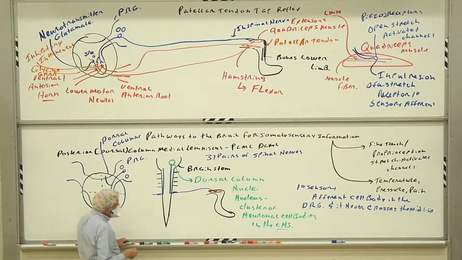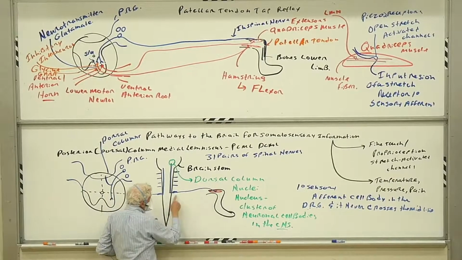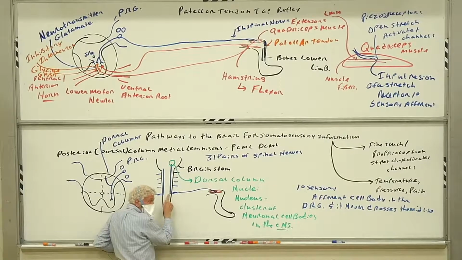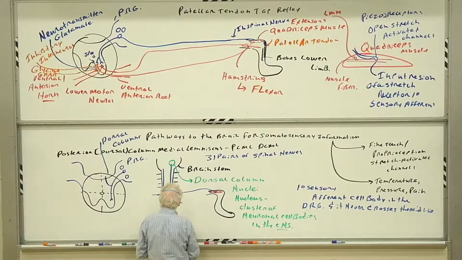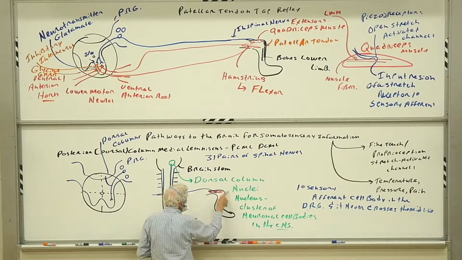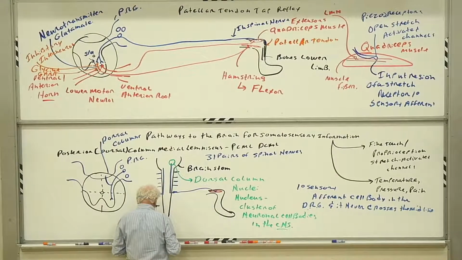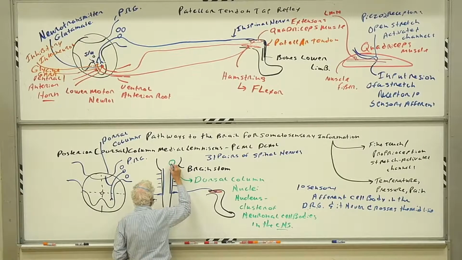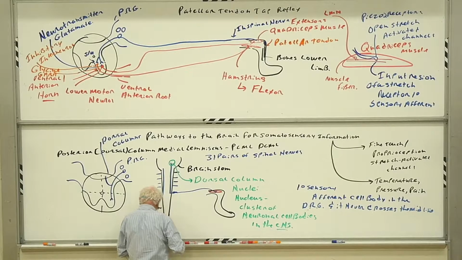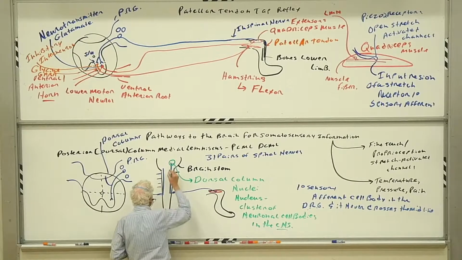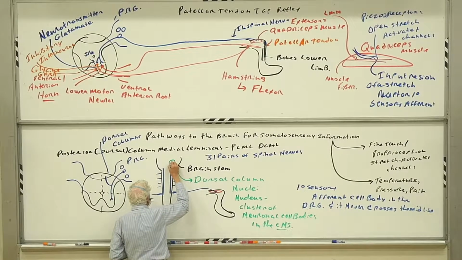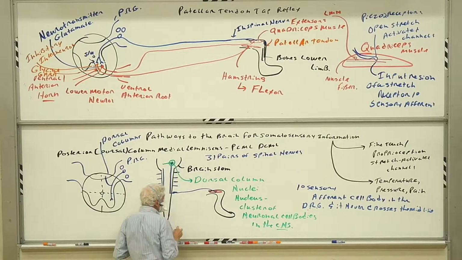But what we've done so far is we followed the primary sensory afferent into the central nervous system. It's entered the dorsal columns, sends a process up the dorsal columns, and then here in the dorsal column nuclei, that blue primary sensory afferent synapses onto a second-order neuron. And the second-order neuron crosses the midline.